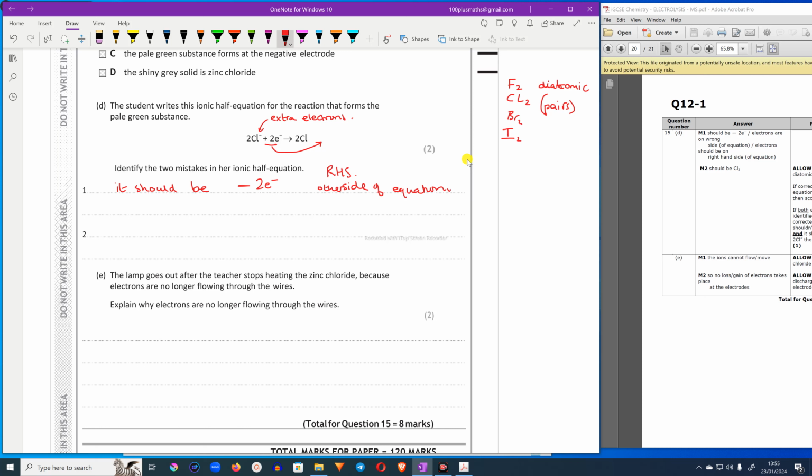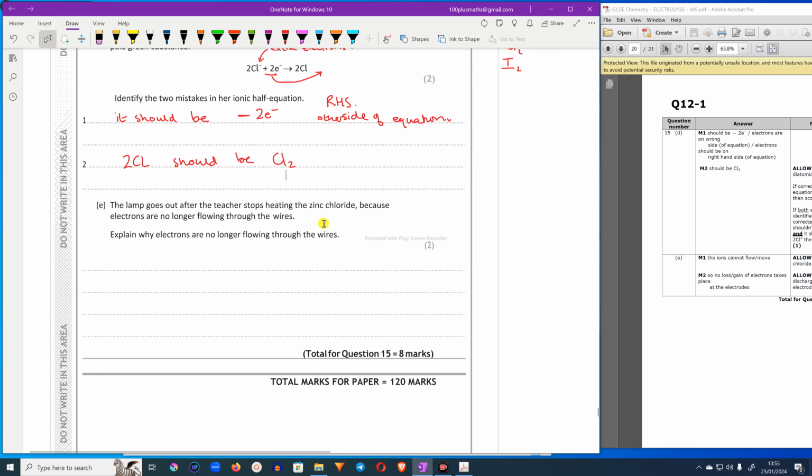And the other one is the 2Cl should be Cl2. That's probably the clearest way to do it.